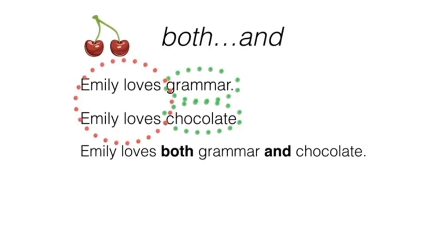So, the new combined sentence becomes one with a compound object, grammar and chocolate. Notice the verb appears in the third person singular form because it agrees with the subject, Emily.